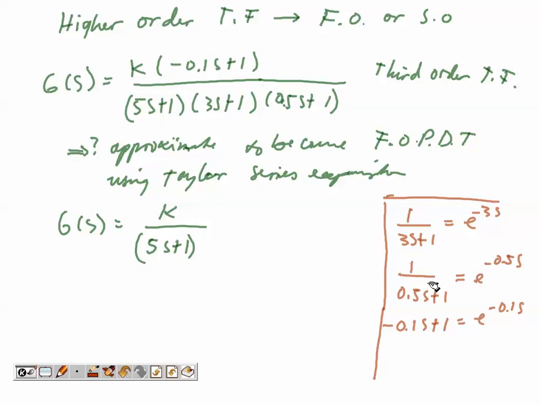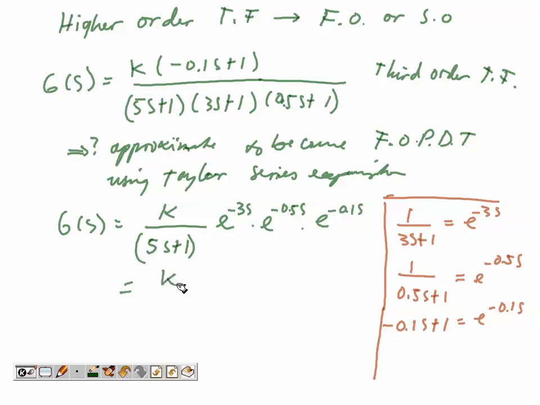So the time delay form is e to the minus 3s times e to the minus 0.5s times e to the minus 0.1s.